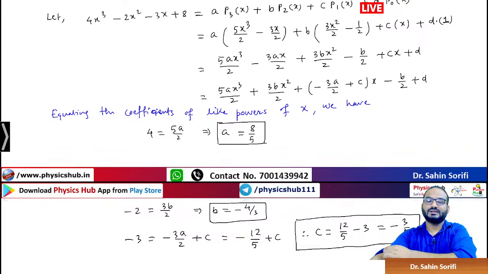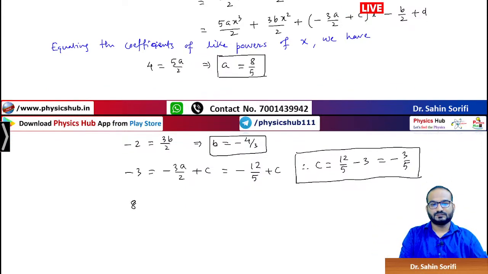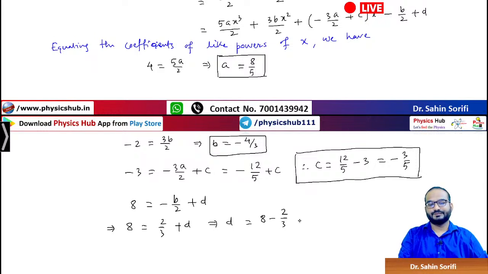One thing is left: 8 equals minus b by 2 plus d. The b value we have already obtained, minus 4 by 3, so it is plus 2 by 3 plus d, that gives d equals 8 minus 2 by 3, 22 by 3.